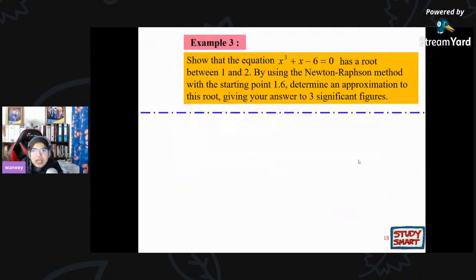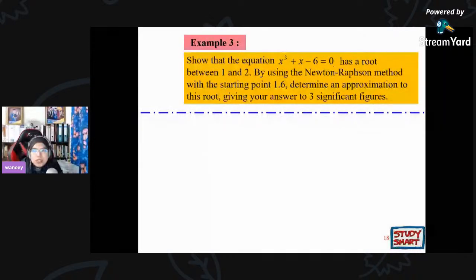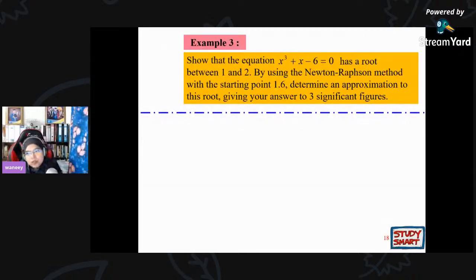Okay, show that x cubed plus x minus 6 equal to 0 has a root between x equal to 1 and x equal to 2. By using the Newton-Raphson method with the starting point of 1.6, determine an approximation to this root, giving your answer correct to 3 significant figures. Okay, so basically there are a few things that we should take note.